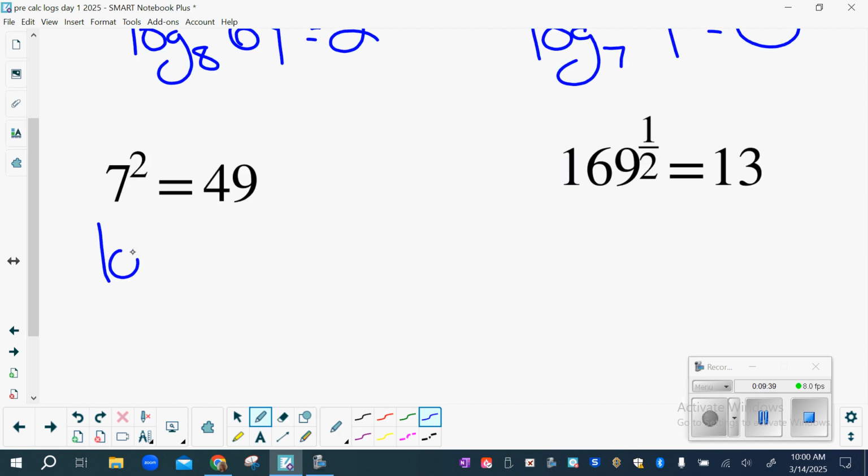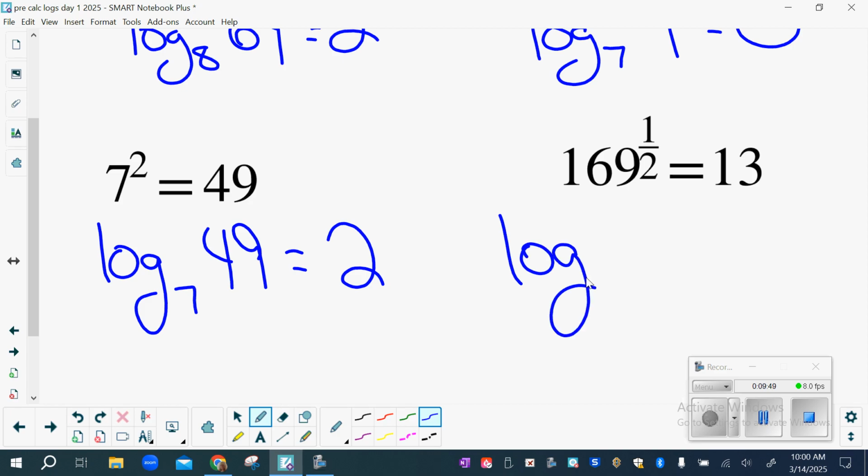The base goes in the basement. The exponent is the answer. The 49 becomes the argument. Oh, look at this. We can even do square roots now, because that's the square root. So the base goes in the basement. The exponent is the answer. There we go.